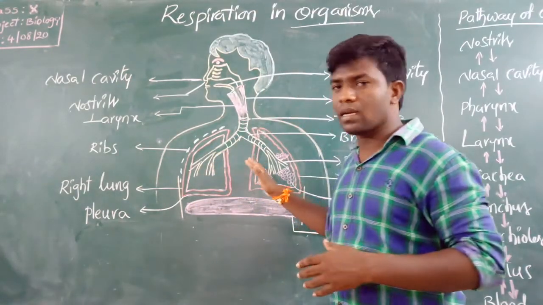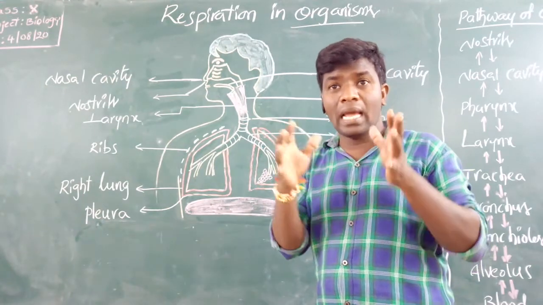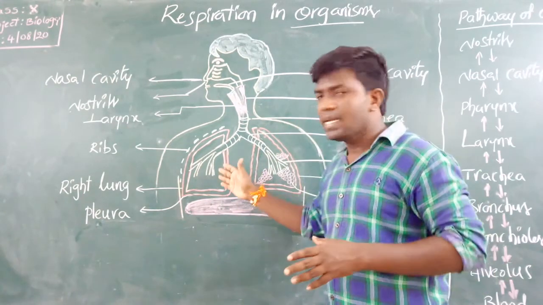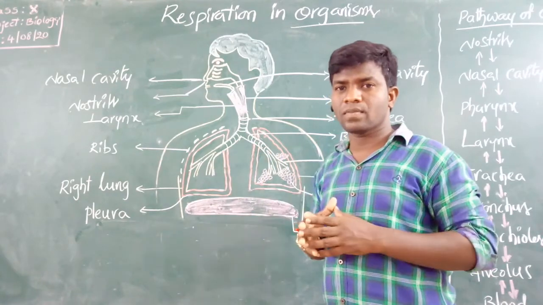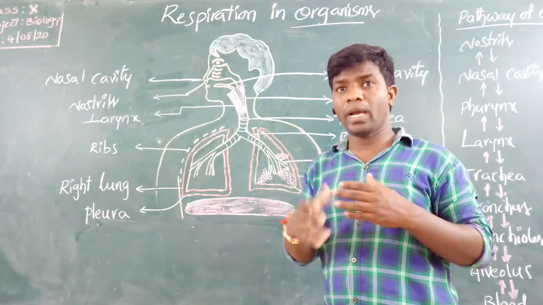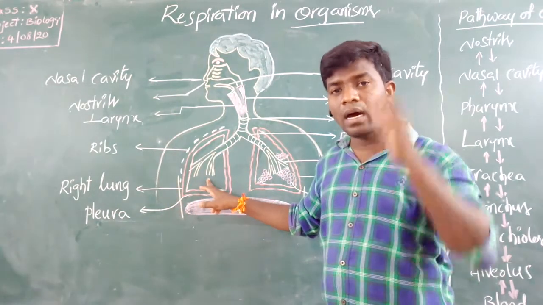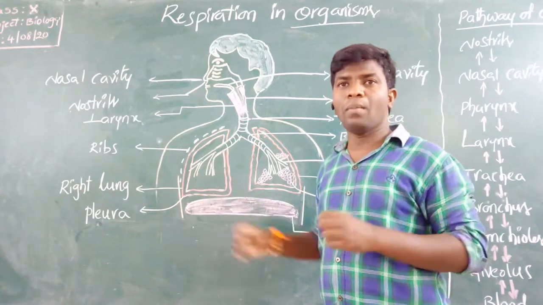Each lung is a spongy, bag-like structure. They look like a sponge. They are covered by the pleural membrane.